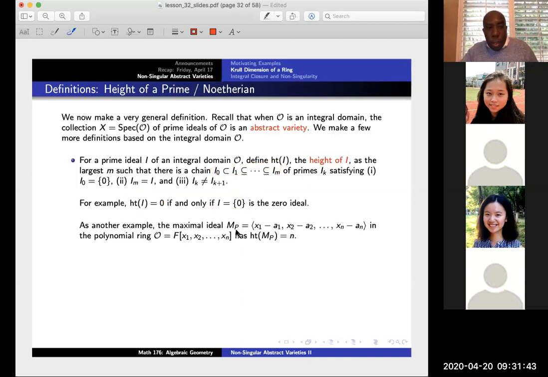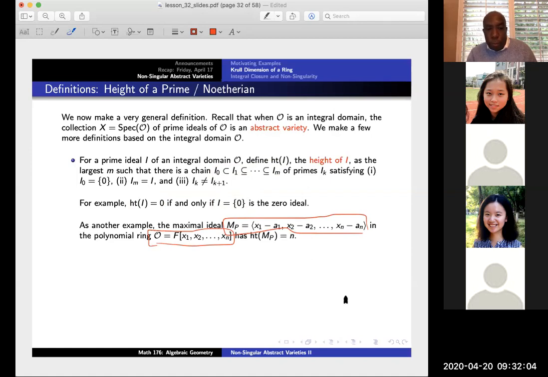Next, let's go back to our polynomial ring in n variables. Remember that because we're working over an algebraically closed field, every maximal ideal is in this form here: x1 minus a1, x2 minus a2, and so on.